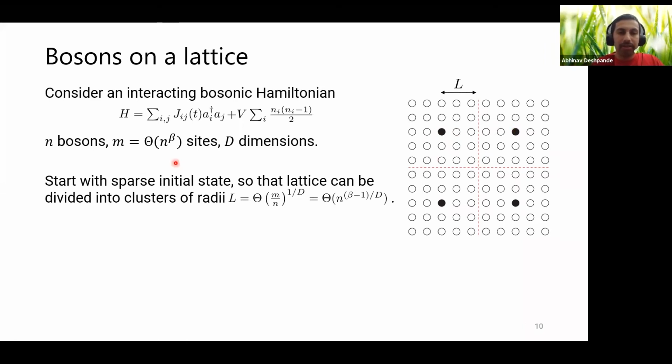That's because m scales as n to the beta with beta larger than 1. So the density of the bosons vanishes inverse polynomially with n.